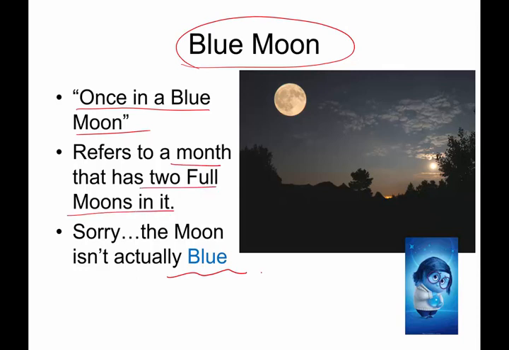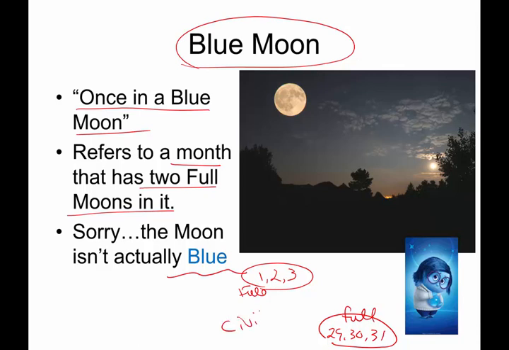You would have a full moon near the first, second, or third of a month, and then again on the 29th, 30th, or 31st, you would have a second full moon. Two full moons in one civil calendar month is referred to as a blue moon. And I hate to break the news to you, hope it doesn't make you too blue, but there's not actually a blue moon when there's a blue moon.